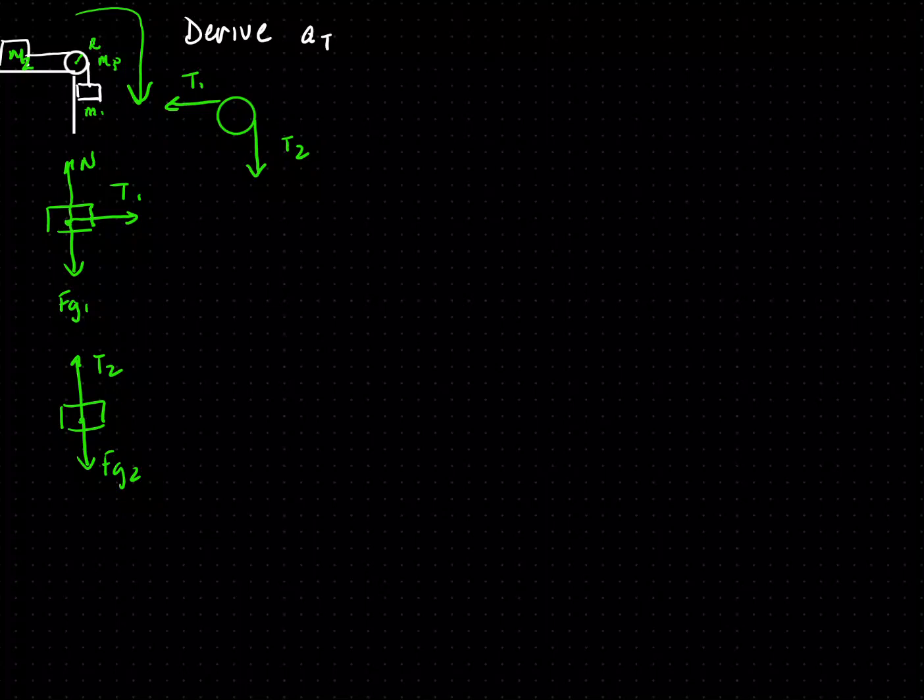For my block, I only need my X equation because I have no friction present and the normal and the weight do not produce a torque. So this is T1 equals M1A. And the second one is going to be in the Y direction. Since it's going down, it's going to be Fg2 minus T2 equals M2A.